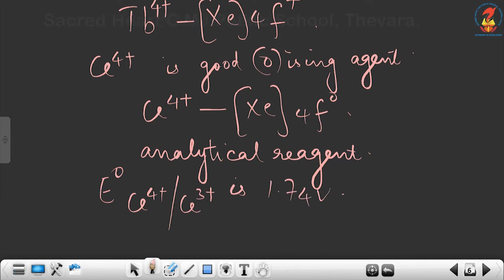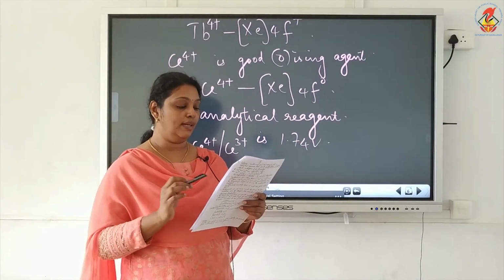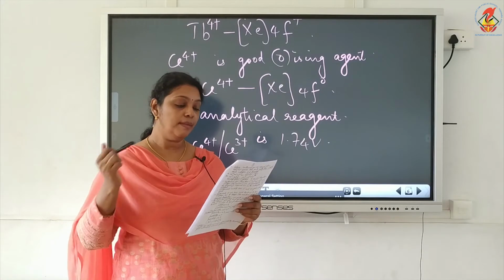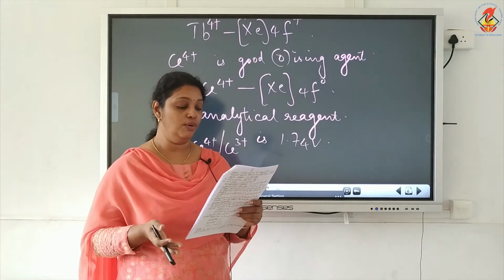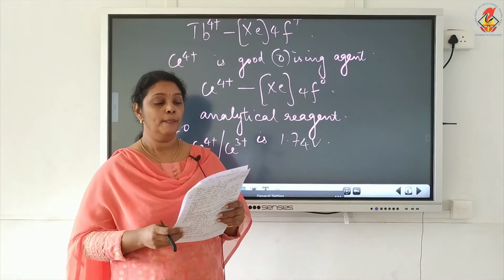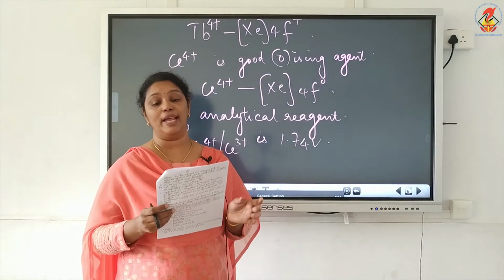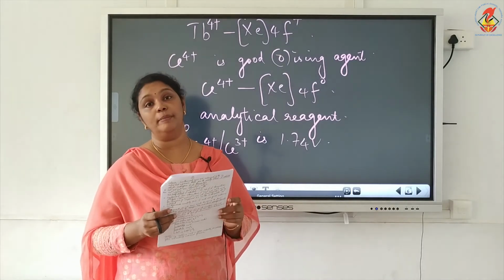It's positive, which means that it can act as an oxidizing agent. So it can oxidize water, but the reaction rate is very slow and hence cerium 4+ is used as a good analytical reagent.